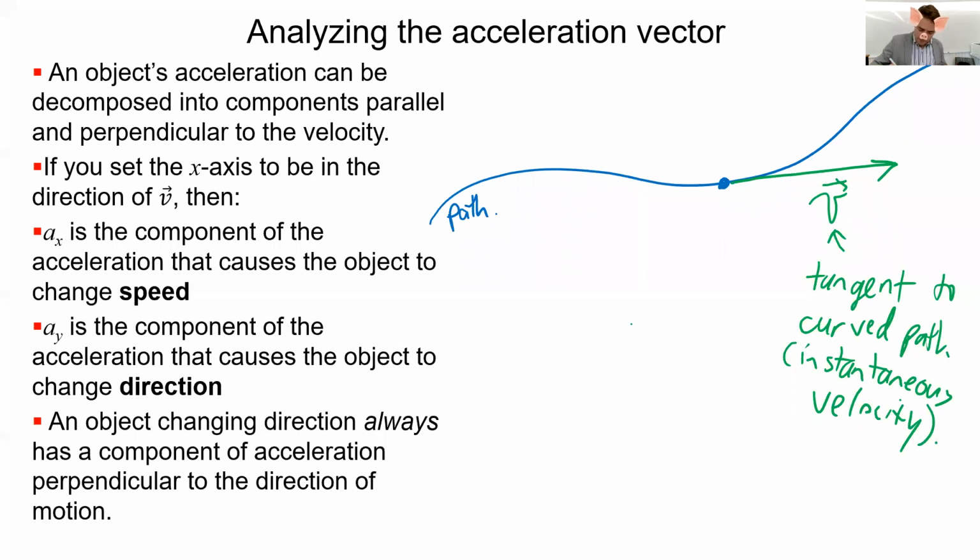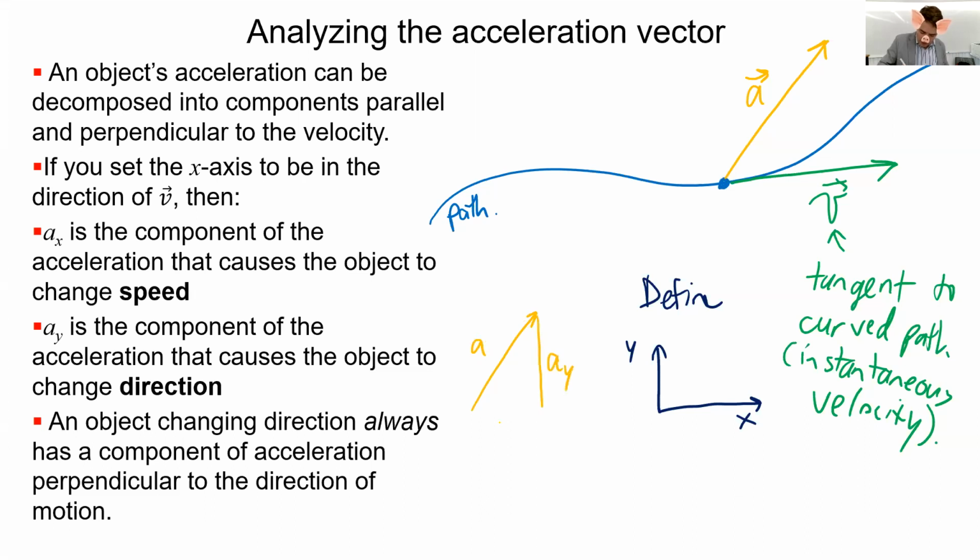If you define X and Y so that X is parallel to the V direction, the velocity direction, then, with orange for the acceleration, if this is the acceleration, you can split acceleration into its Y component and its X component.